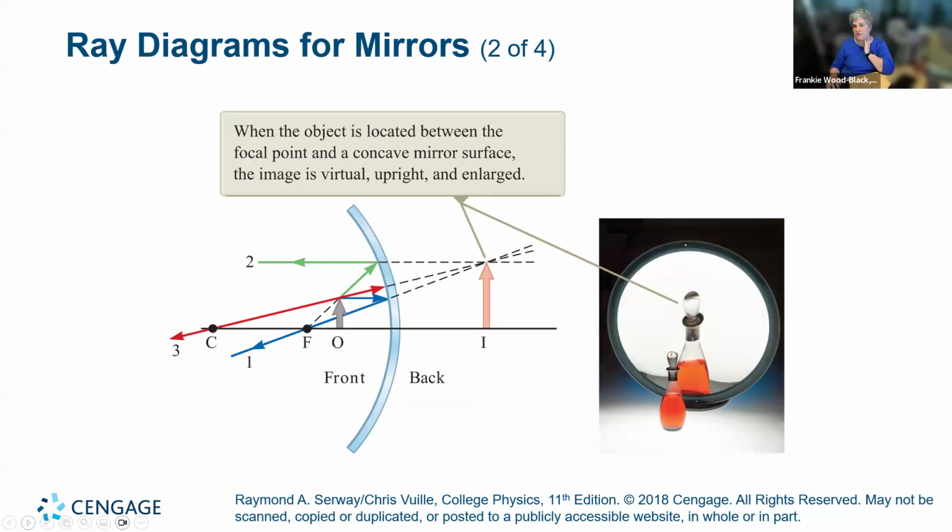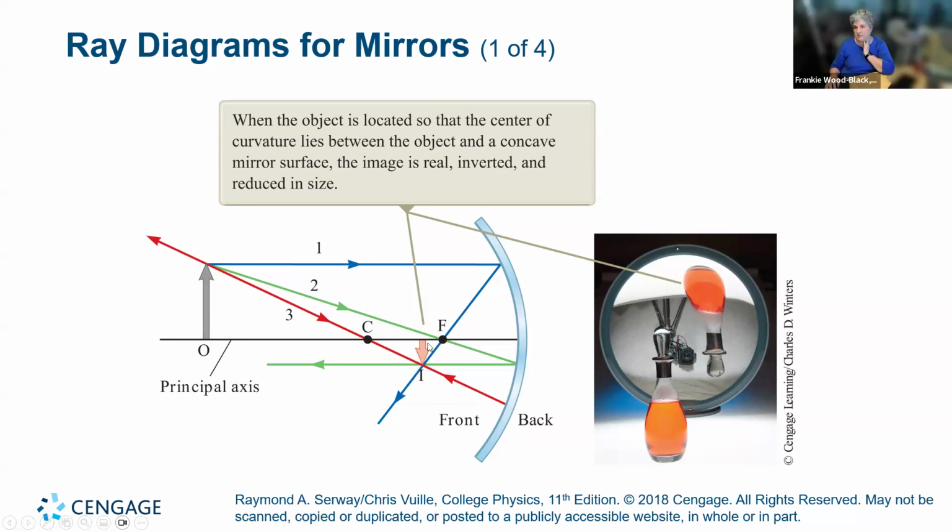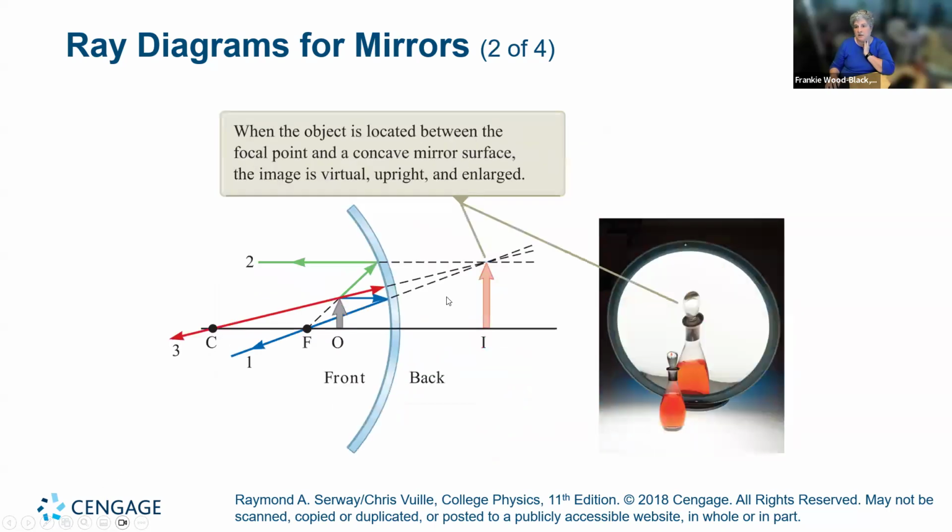And then this was the other one when, if I do my object inside the focus, I'm going to get a virtual image, whereas this image here is a real image because it's in front of the mirror. This one's a real image, whereas this one is going to be a virtual image, so that you can work with that.